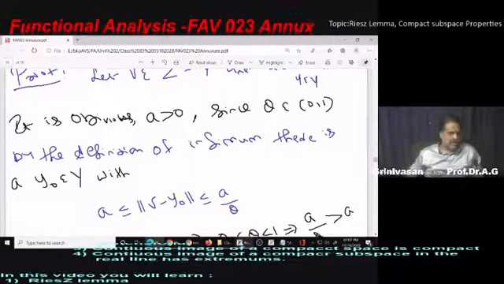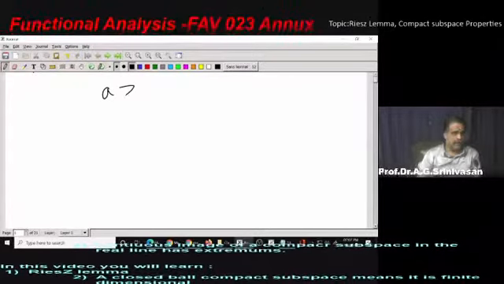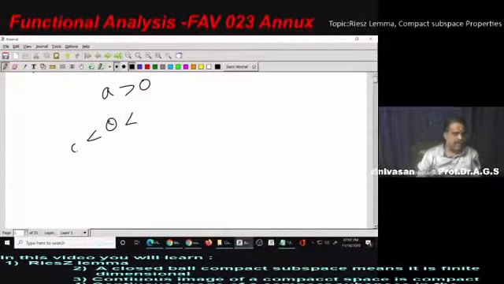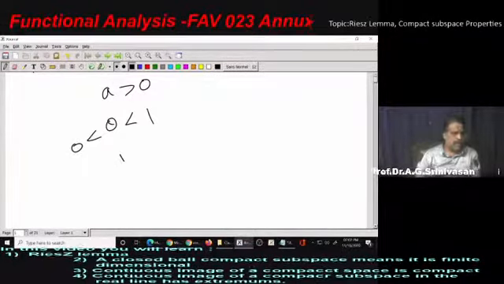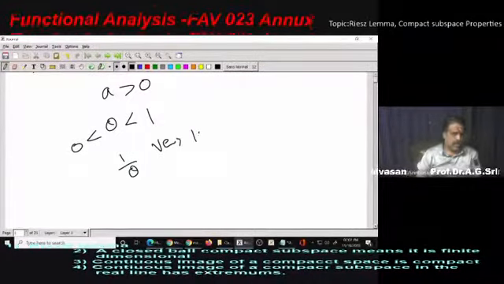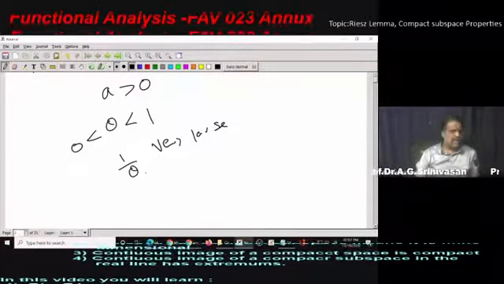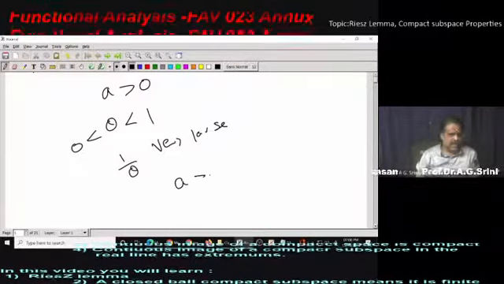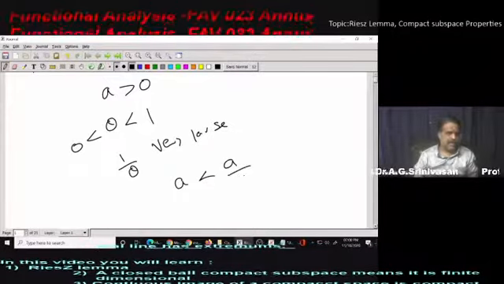Now, what is interesting is that when a is positive and theta is a number that lies between 0 and 1, then it is very obvious that 1 by theta is very large. When theta is very small, 1 by theta becomes very large. So in that context, a is less than a by theta.